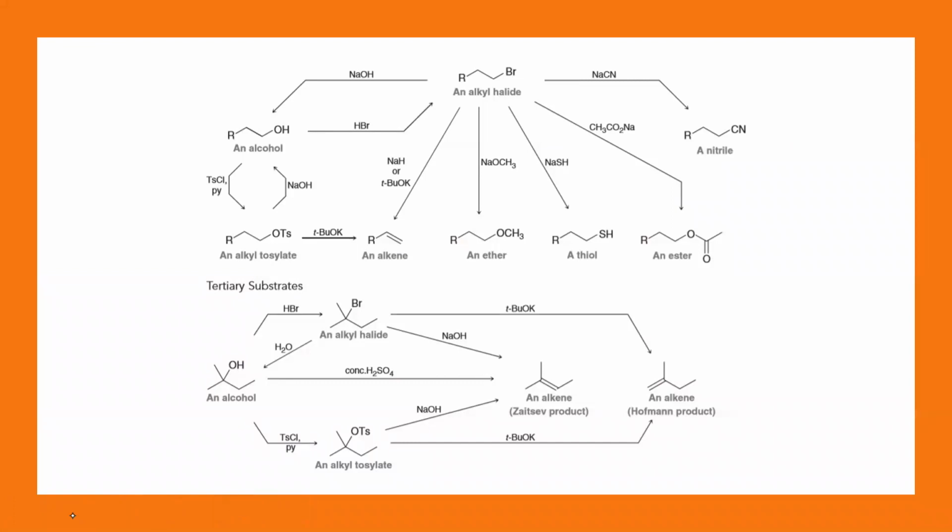perspective. So understanding that if you have a primary alkyl halide, in this case, depending on what reagent you react it with, you can afford varying different final products. So ideally, what you should be able to do is take a substrate like a primary alkyl halide, like in this case here, and you should be able to kind of work backwards.